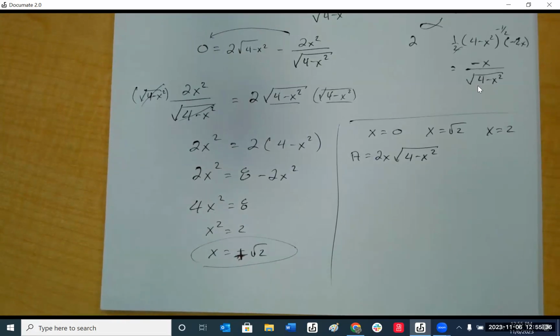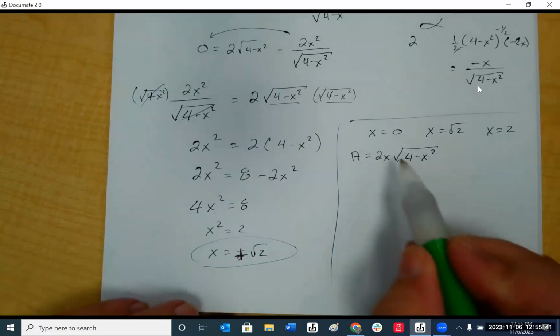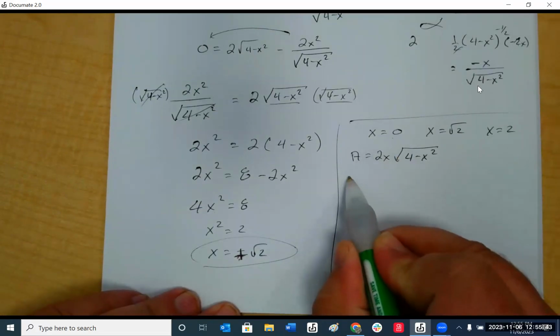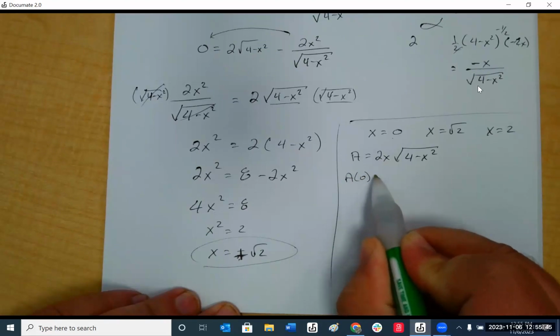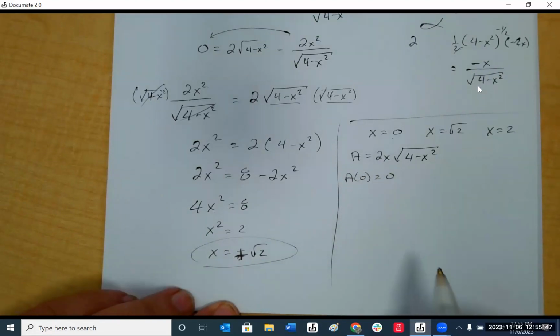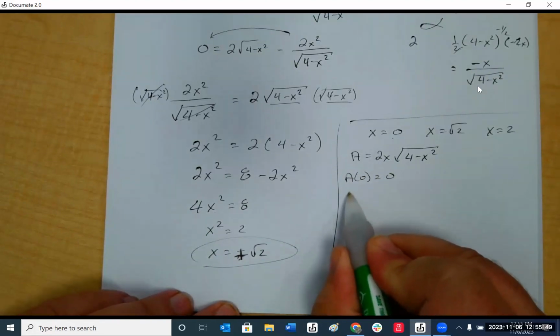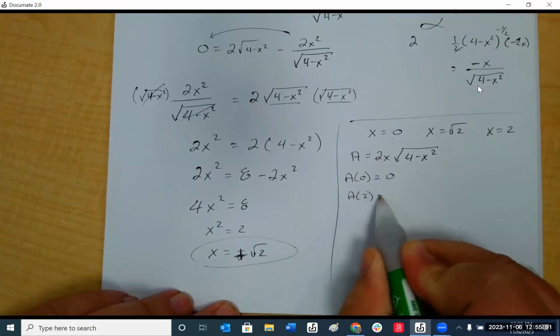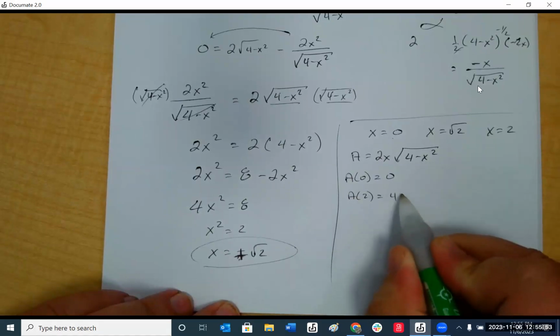Because now we have to look at only positive dimensions. So if at x equals 0, it's 0. At x equals 2, it's 0 also.